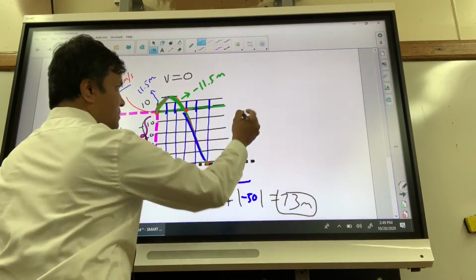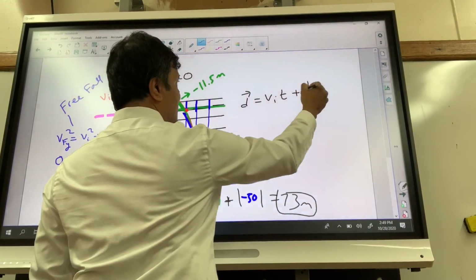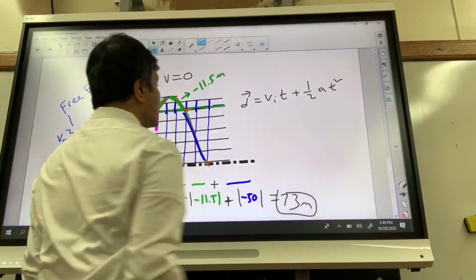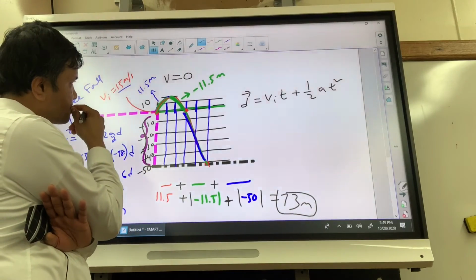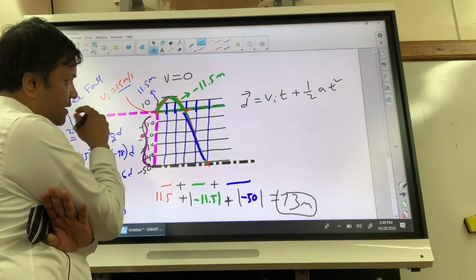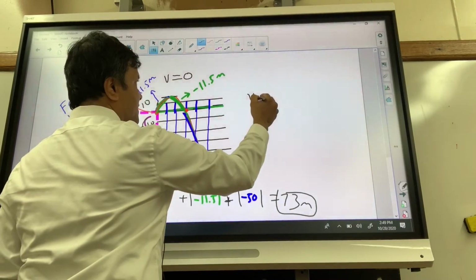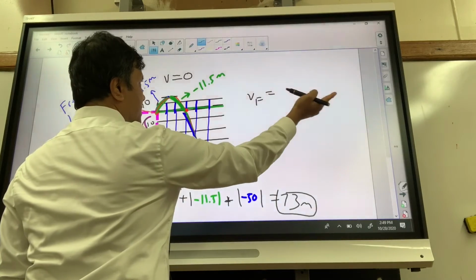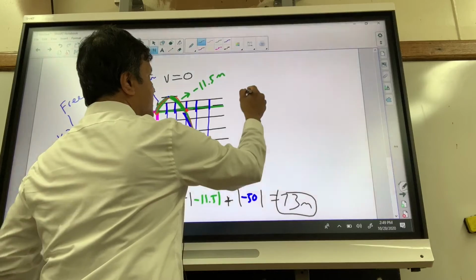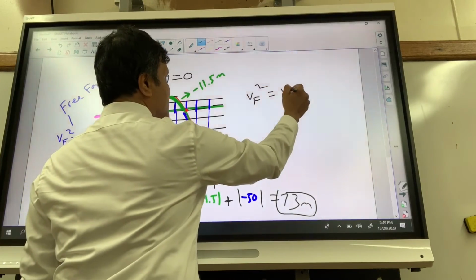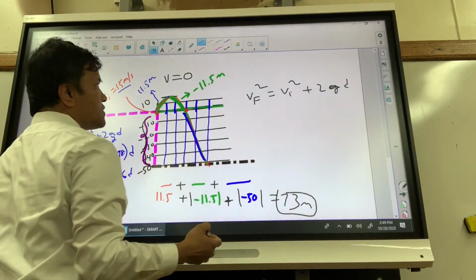Now finally we're going to find the displacement. D is equal to Vit plus half at squared. Let's see whether we can use this formula. No, we cannot use this formula. Vf is equal to Vi plus at? No. Vf squared is equal to Vi squared plus 2ad?